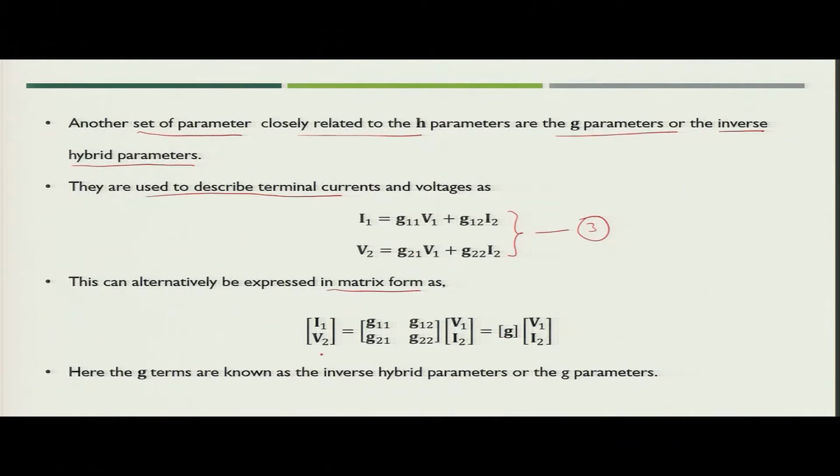In matrix form, you can write the dependent variable vector, that is I1 and V2, equal to the G matrix multiplied by the independent variables, that is V1 and I2. These are inverse of H parameters, because in case of H parameters we had V1 and I2 as dependent variables, and here we have the opposite, that is I1 and V2. So we call G the inverse hybrid parameters, or in short G parameters.